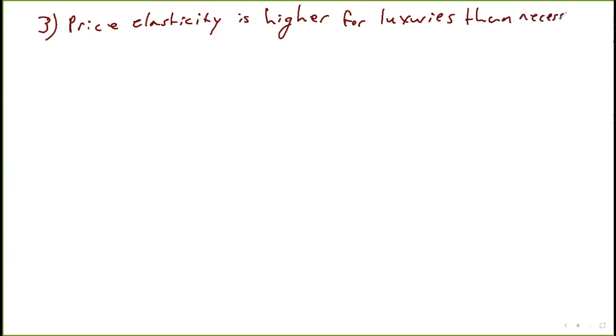So our third guiding principle is that the price elasticity tends to be higher for luxury items than necessities. So the intuition is that luxury items, right, they're by definition superfluous or unnecessary.